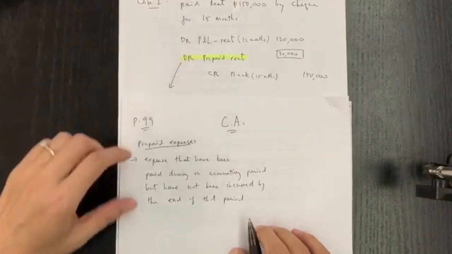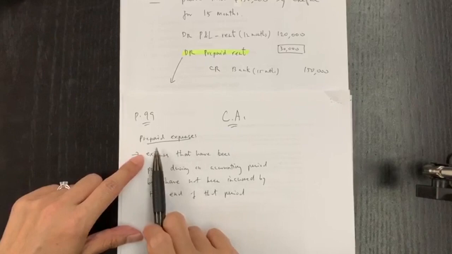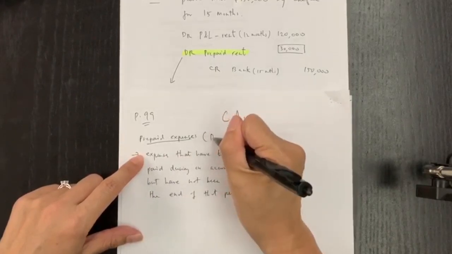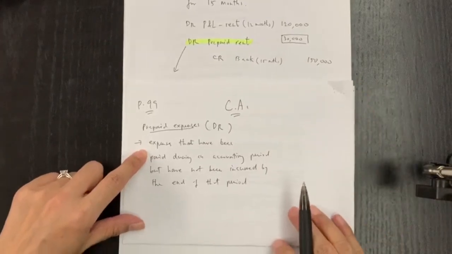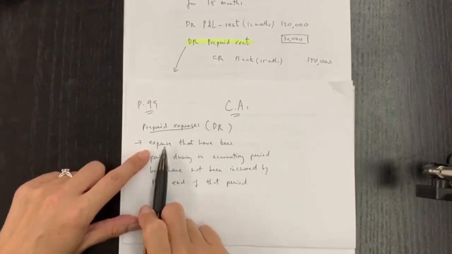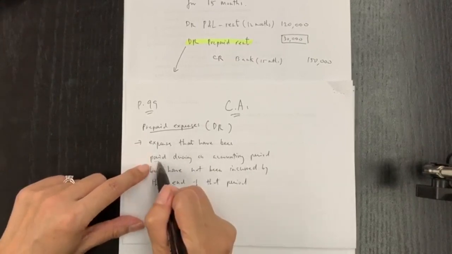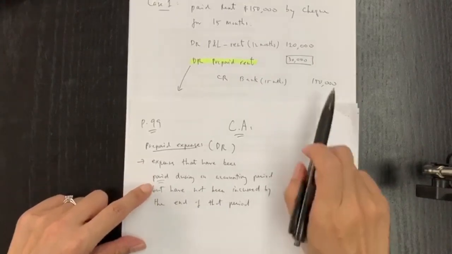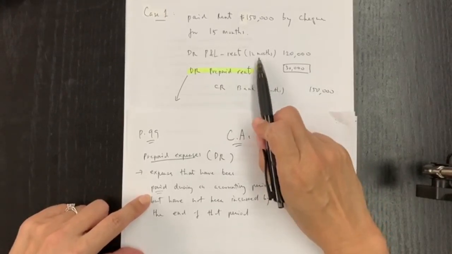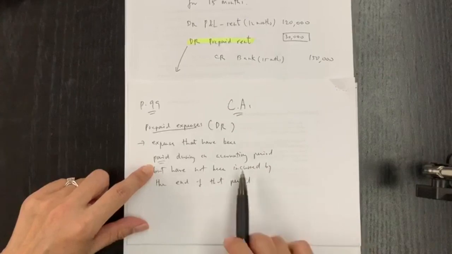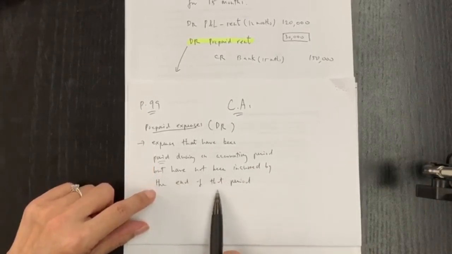If you go to your textbook on page 99, you have this new term, prepaid expenses, which must be a debit item because it is a kind of current assets. Why so? Because you look at the meaning. Prepaid expenses means expenses that have been paid, for example, here we pay 15 months, which is too much. We only need 12 months in an accounting period, but the rest have not yet been incurred at the end of that period.